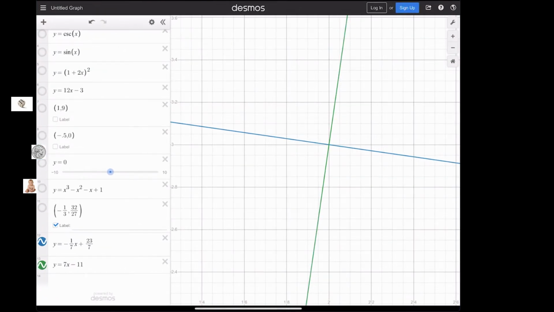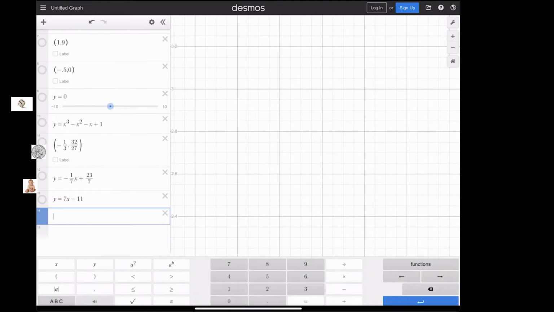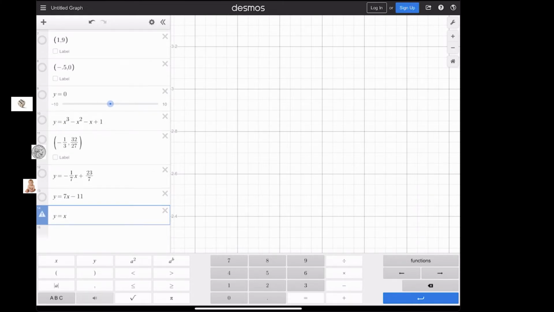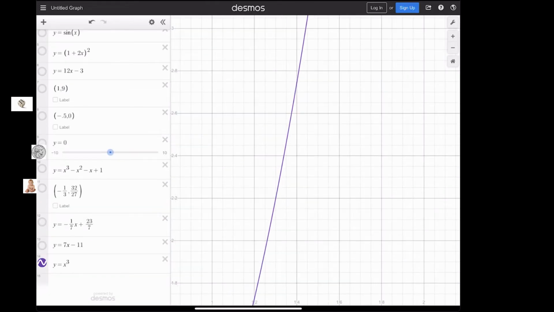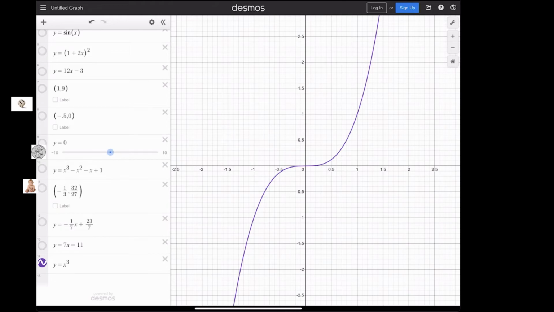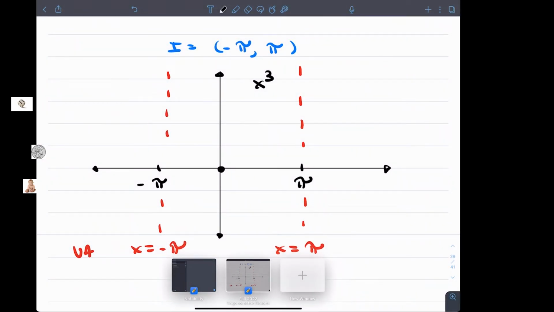Good morning, Desmos. Let's get out of the calculus mode. I use Desmos for calculus as well. Y equals x to the third power. This is the curve, but this goes up forever to the right and forever to the left. So there's a good way to remember this curve.